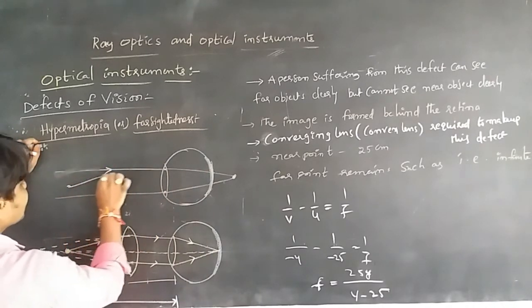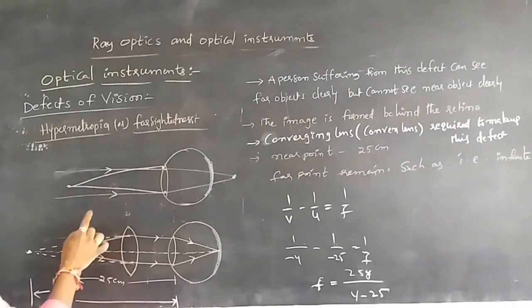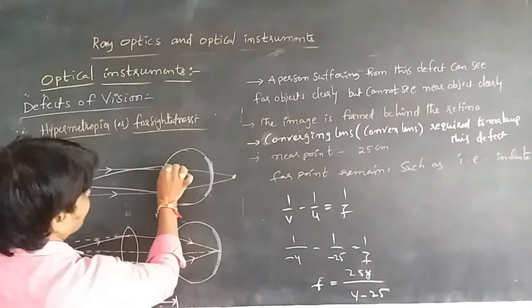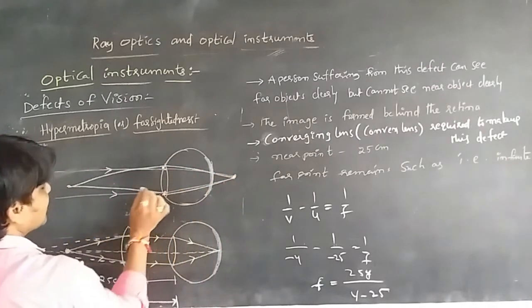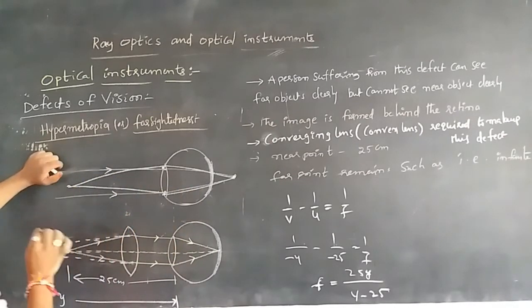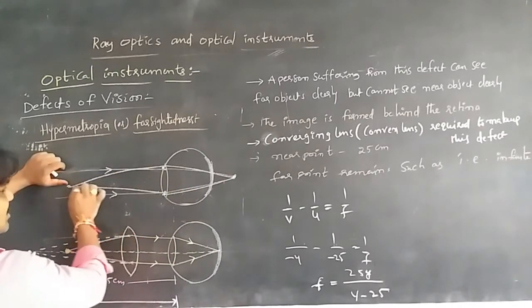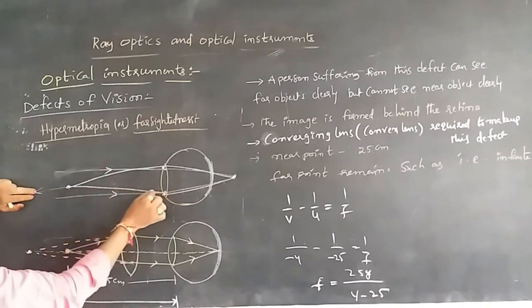When the light ray is incident, the image is formed behind the retina, so he cannot see nearer objects. Whenever the object is moved to a far distance, he can see clearly.